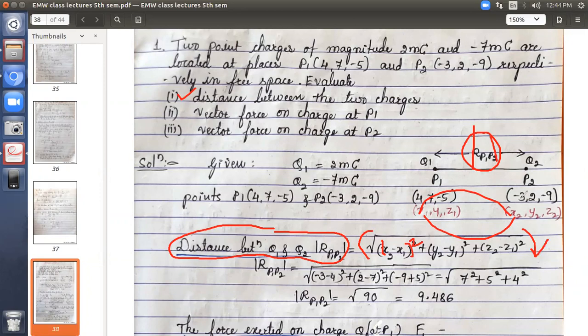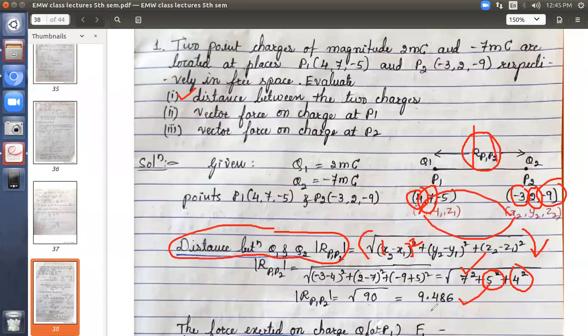If you take minus 3 minus 4, which is minus 7 square, which is plus 49, then 2 minus 7, which is minus 5 square, will be 25, then minus 9 plus 5, minus of minus plus 5, which is minus 4 square, 16. Okay, if you calculate this, you get the square root of 49 plus 25 plus 16, which is root of 90, whose value is 9.486.